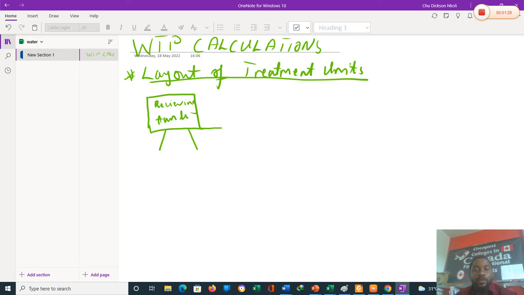From the reservoir, the water is then released at a certain rate into the screening chamber, where we have the screens placed. So the next unit is the screen.